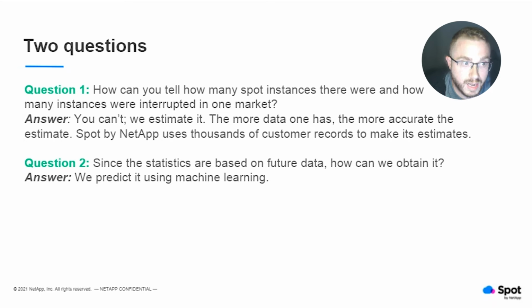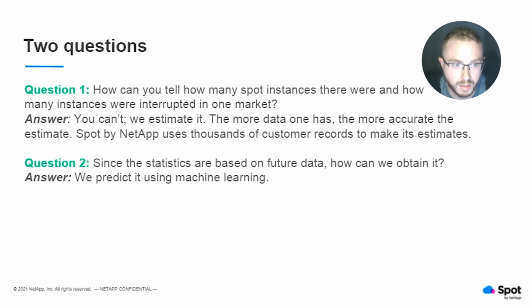So the answer is you can't. We can't really know the true number, but we can estimate it. And this is exactly where the data that I talked about before comes in handy. The more data you have, the more accurate your estimations are going to be. And as I mentioned, at Spot by NetApp, we have thousands of customers' records.